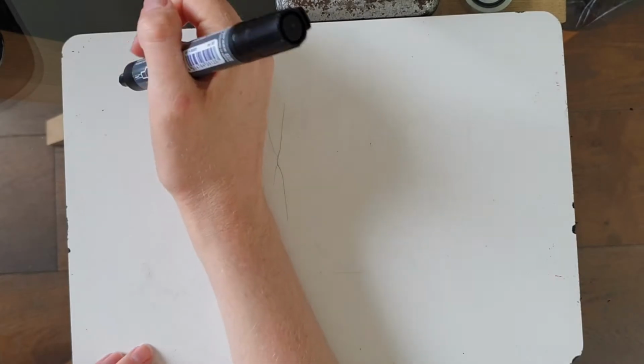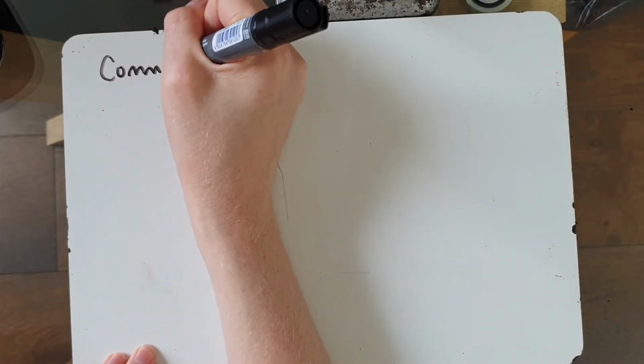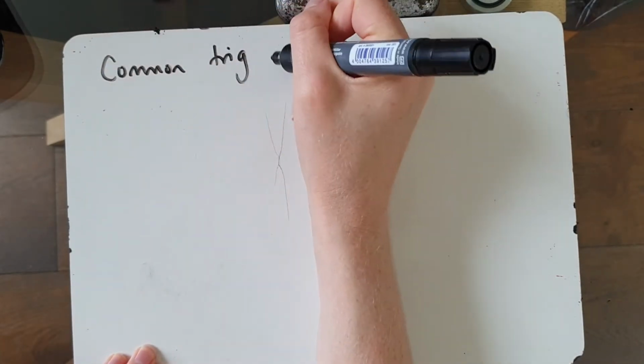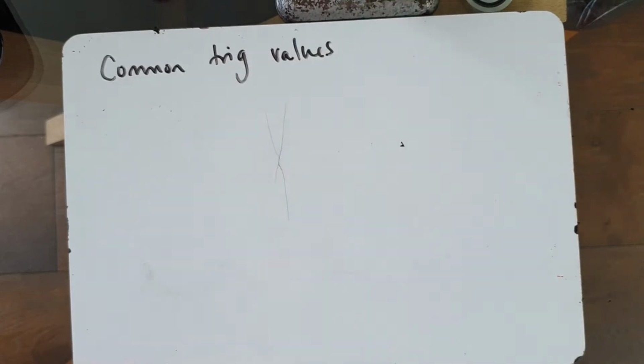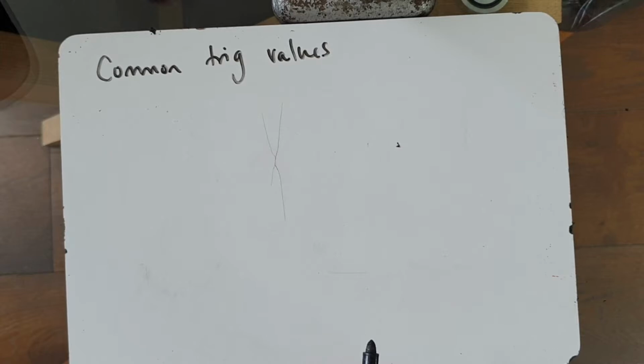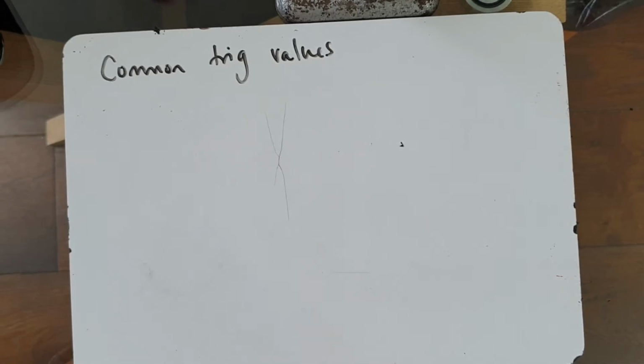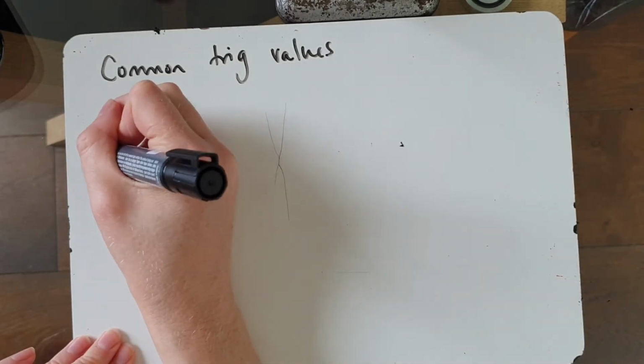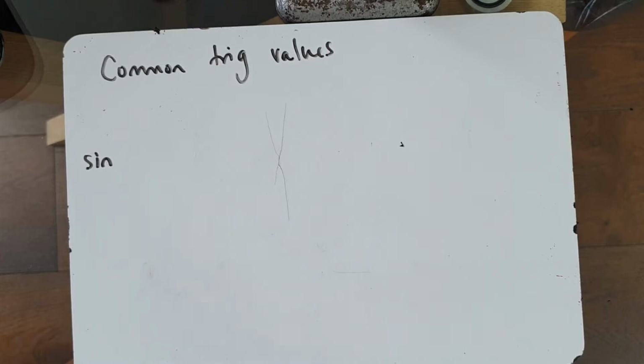Okay, so recapping common trig values. For your GCSE, you will need to know sine, cos and tan of some particular angles. So we've been through this before. Start with sine, and you don't really need to remember any of the others.